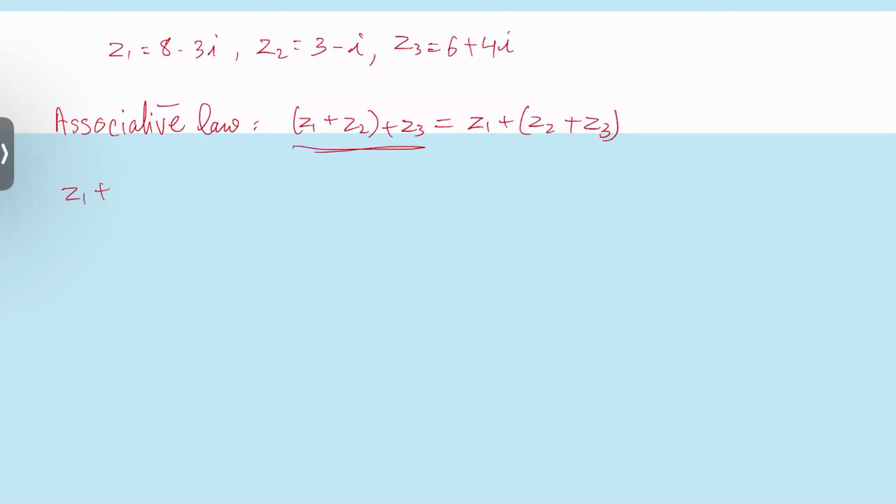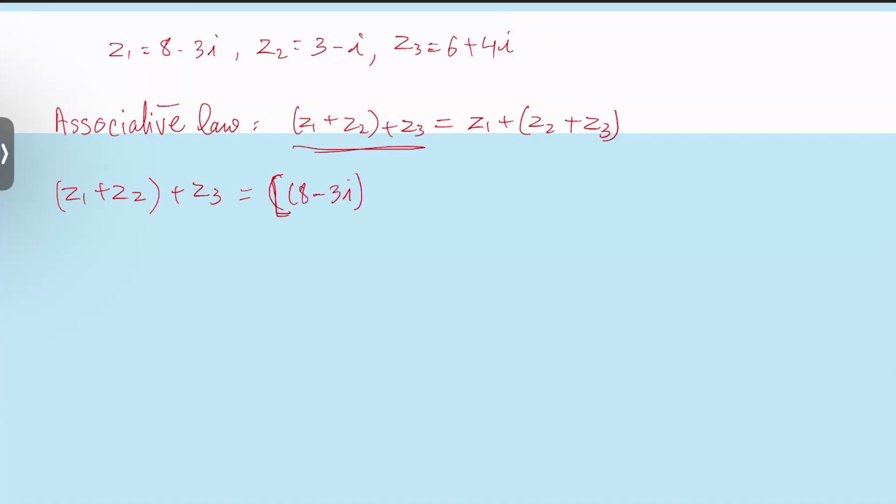First let's take the LHS part. So Z1 plus Z2, plus Z3. First you put in the values that are provided, plus 6 plus 4i. This is the LHS part.